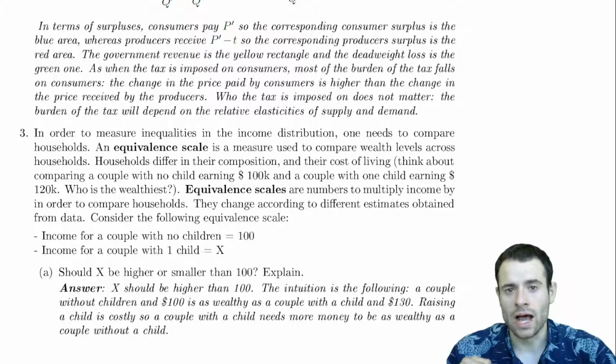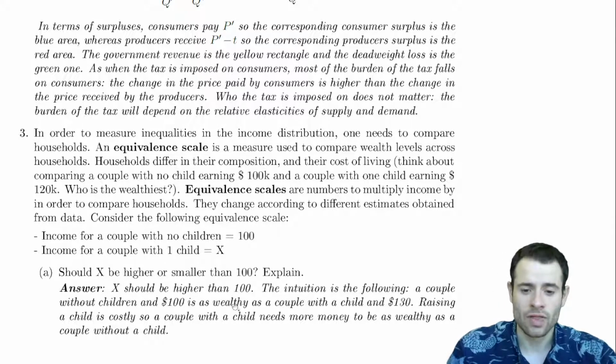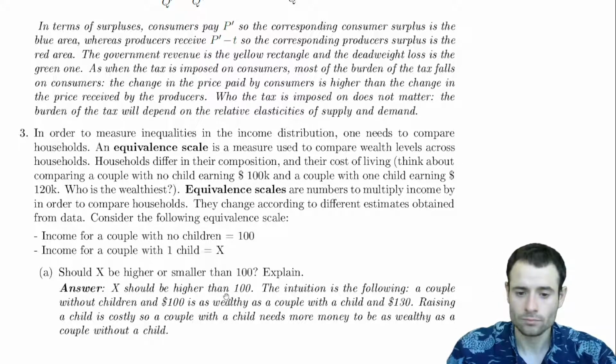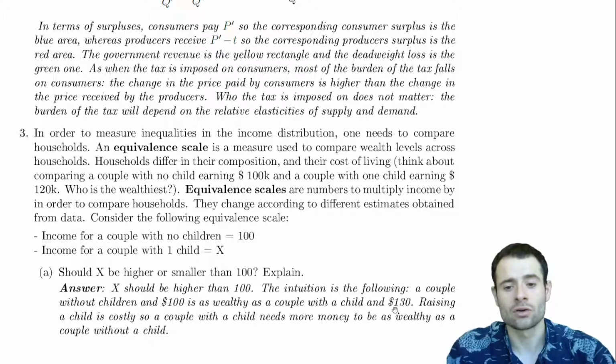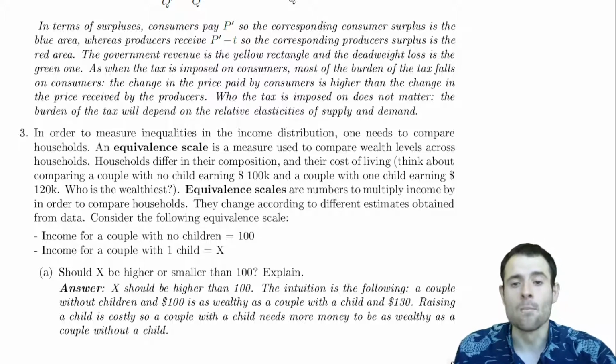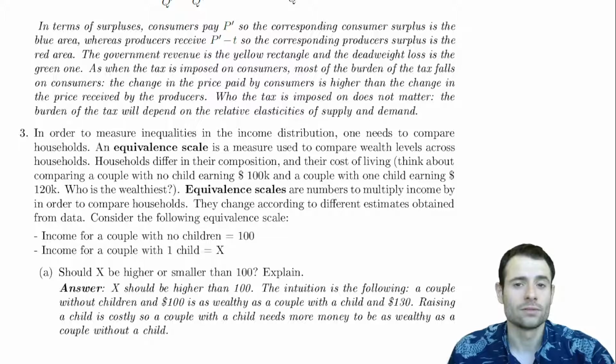Because the household has one more member when there is a child, x should be higher than 100. A couple without children and $100 is as wealthy as a couple with one child and $130, for instance. Raising a child is costly, so a couple with a child needs more money to be as wealthy as a couple with no child.